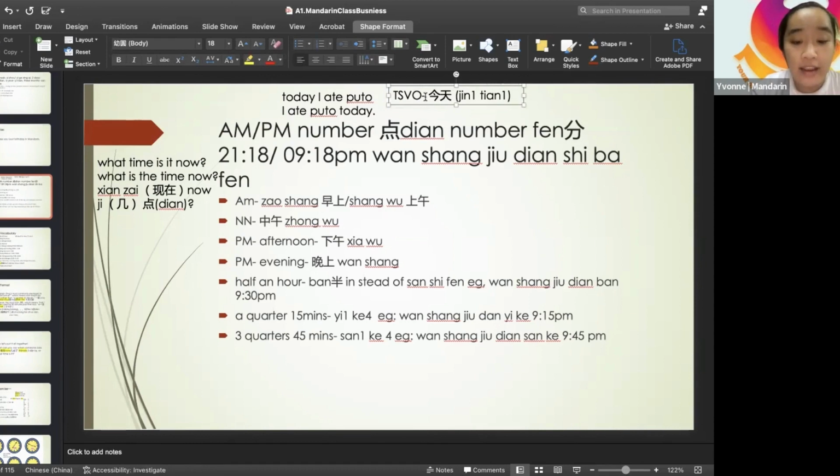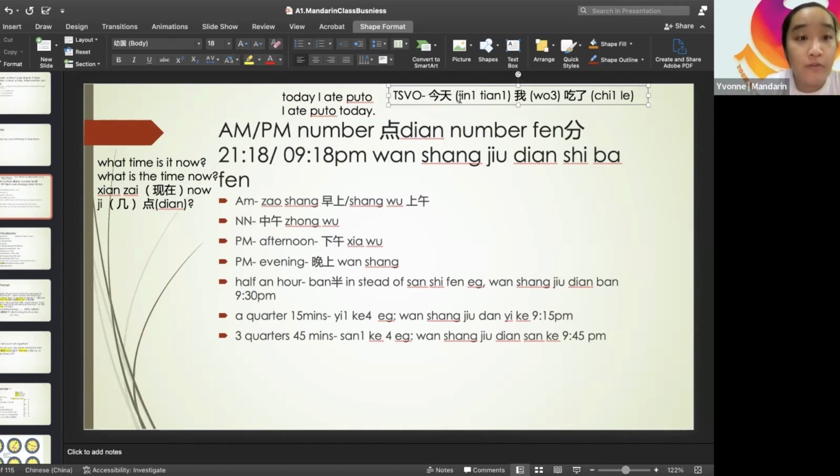Next one is I, which is 我, third tone. Then 吃了. 吃 is eat. 了 is usually added after the verb, meaning the action is already done. It's similar to past tense. That's why we say 吃了.